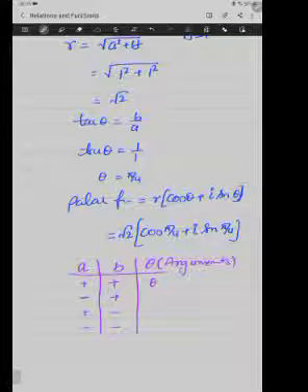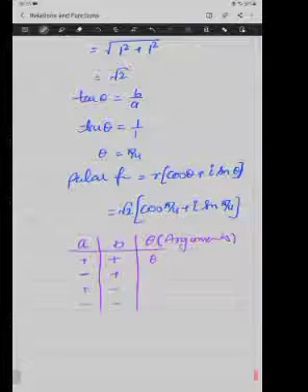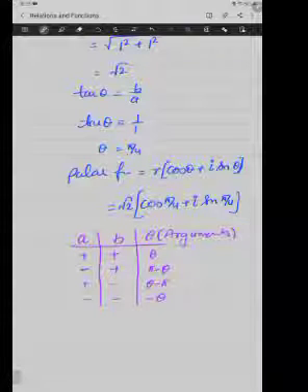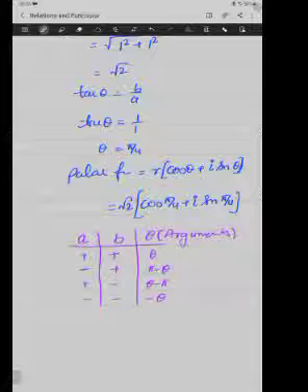So if a is negative, b is positive, then it will be pi minus theta. And a positive, b negative, then theta minus pi. And if both negative, then minus theta. These are the four situations which we need to take care of.